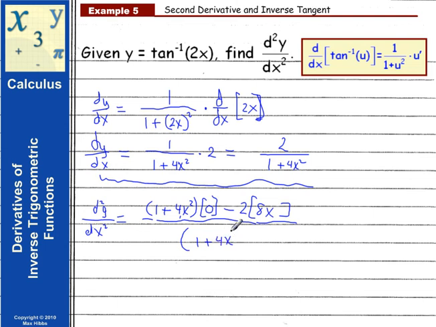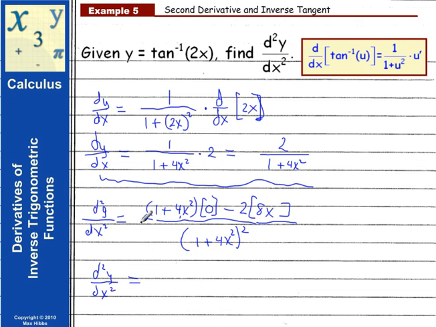And then we divide all of that by the old denominator squared. So the old denominator is 1 plus 4x squared, and we square that. And now we look to see how this will simplify, and clearly, let's see, here's our second derivative, d squared y over dx squared represents the second derivative.